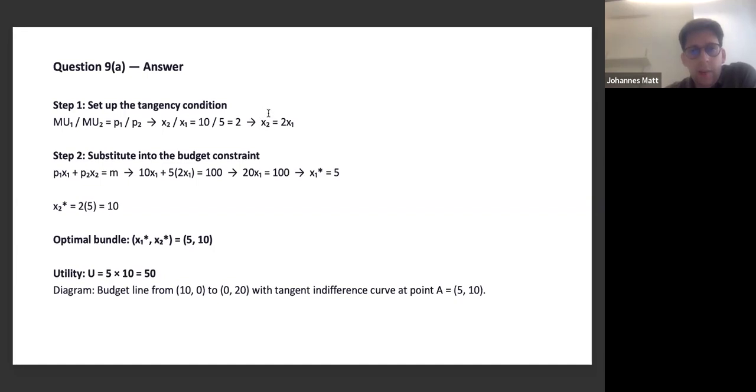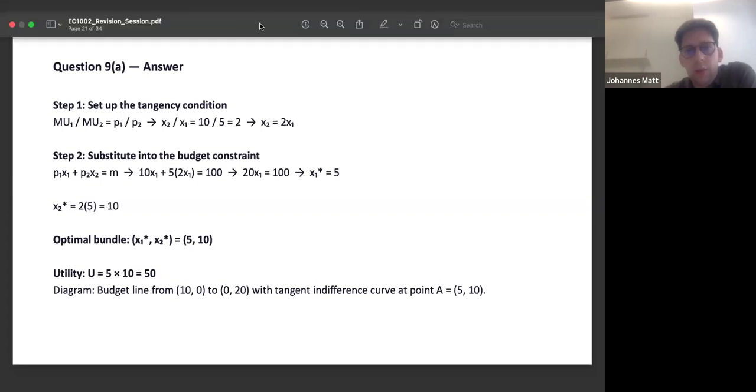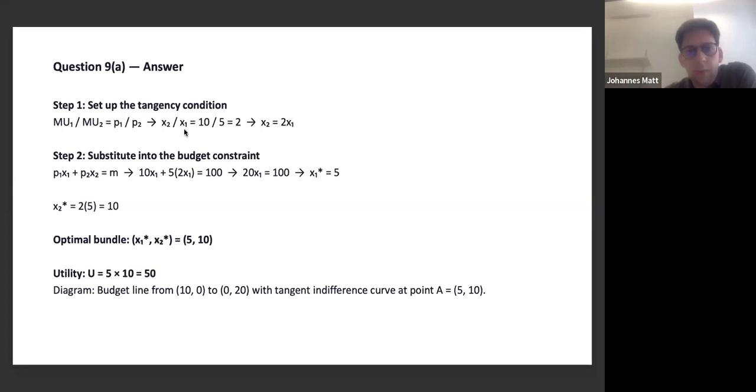Now I can manipulate that equation to arrive at the following expression: x2 is equal to 2x1. So in this case here, I would want to consume exactly twice as many vegetables as I am consuming steaks, right?